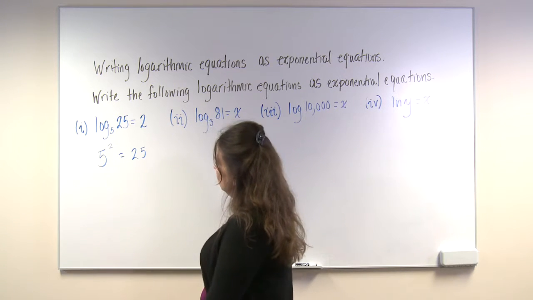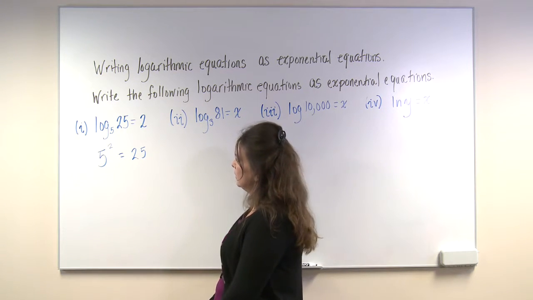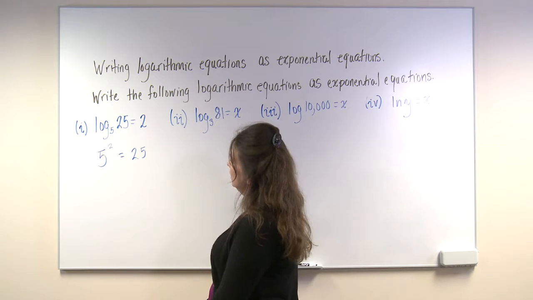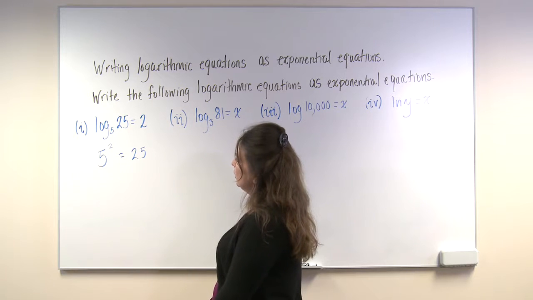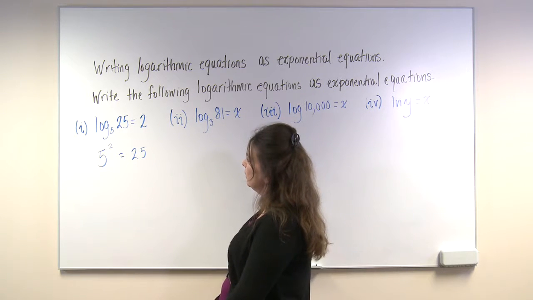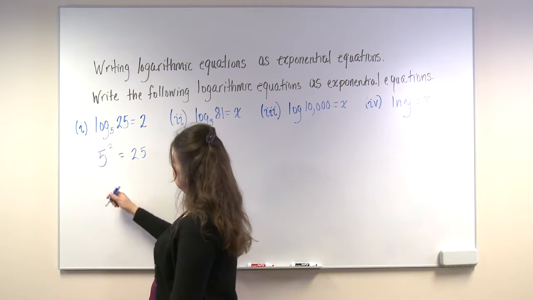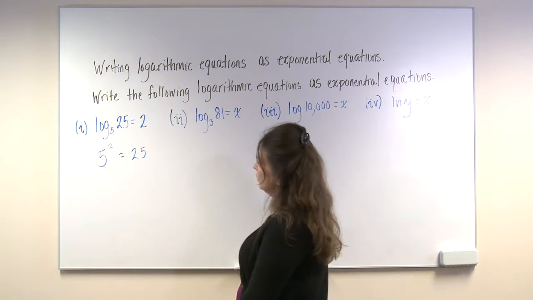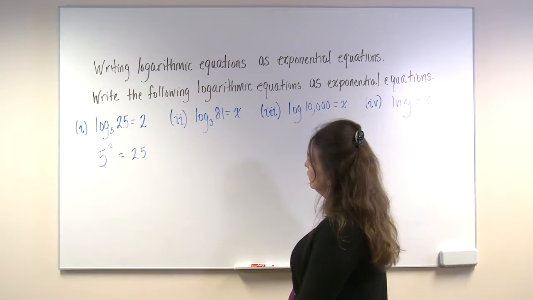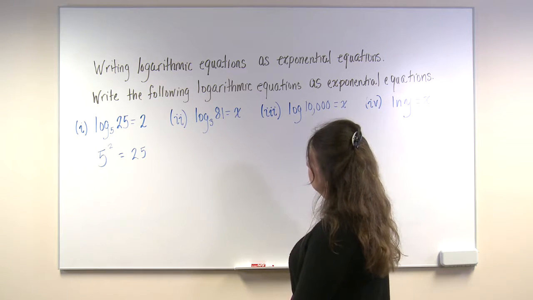And this one we can easily verify. 5 to the second power is indeed 25. So for the logarithmic equation, log base 5 of 25 is equal to 2, the equivalent exponential equation is 5 raised to the second power is equal to 25.